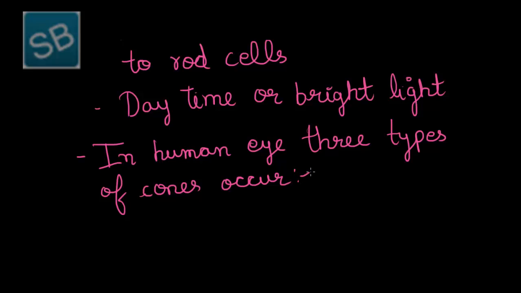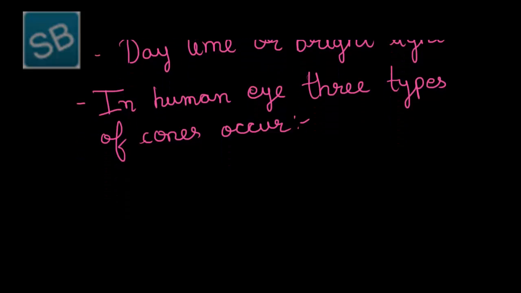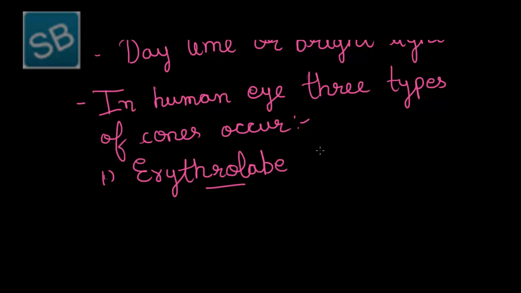On the basis of that, three types occur. First, erythrolabe. Thus, erythrolabe is a pigment which is sensitive to red light.